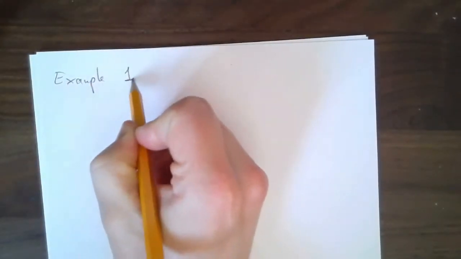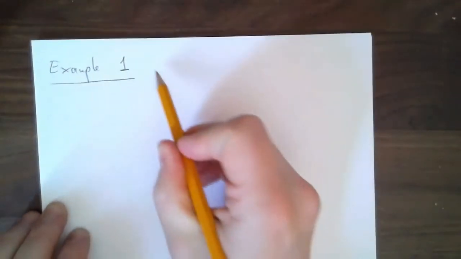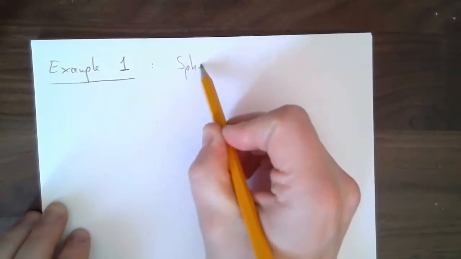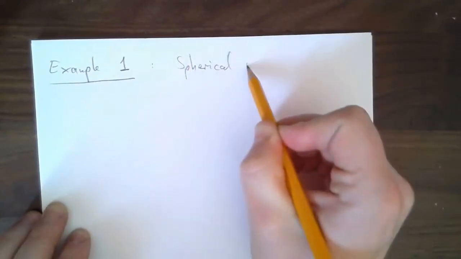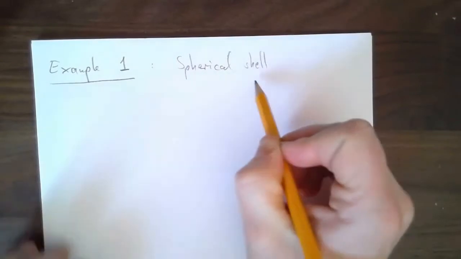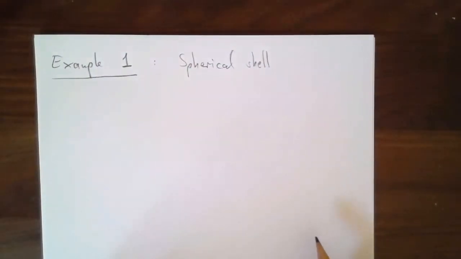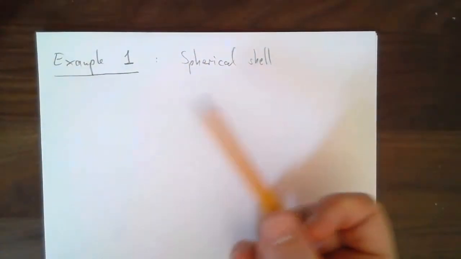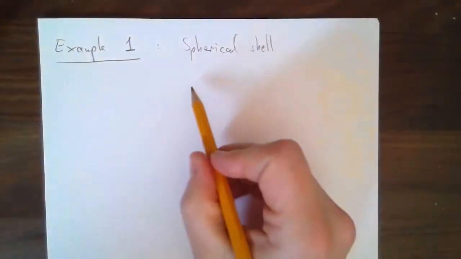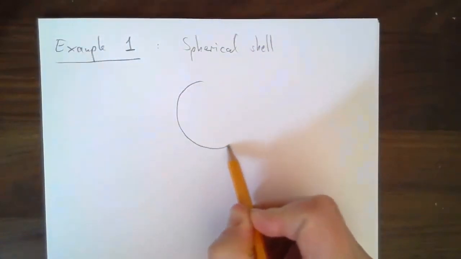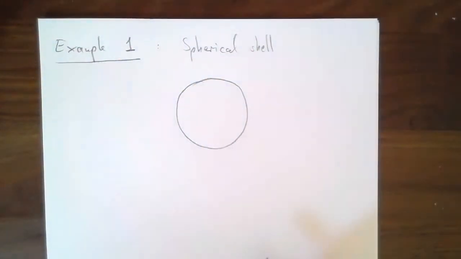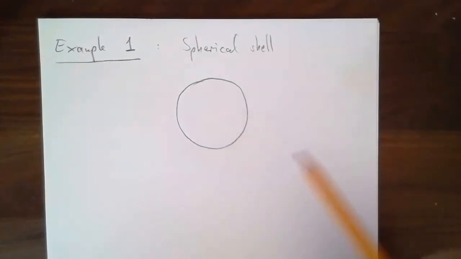So example 1. Example 1 is a spherical shell. When you say a spherical shell, we mean a sphere where the inside is empty. So all the charge is on the surface. Now I want to draw it in 3D. I'm bad at drawing stuff in 3D, so I'm just going to draw it like this. Imagine this is a ball, not just a circle.